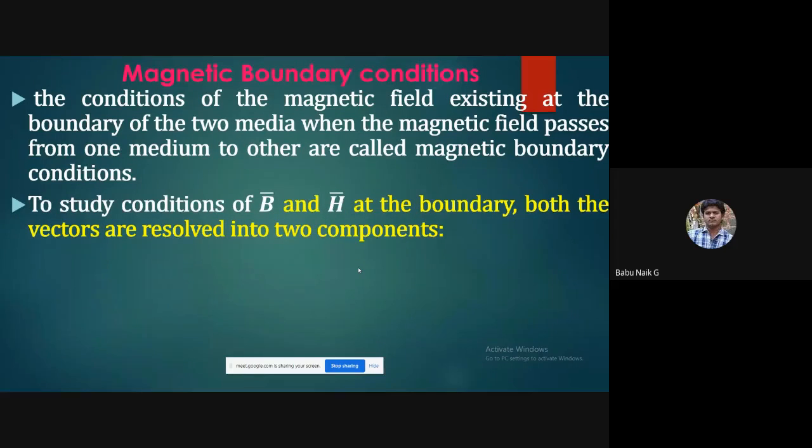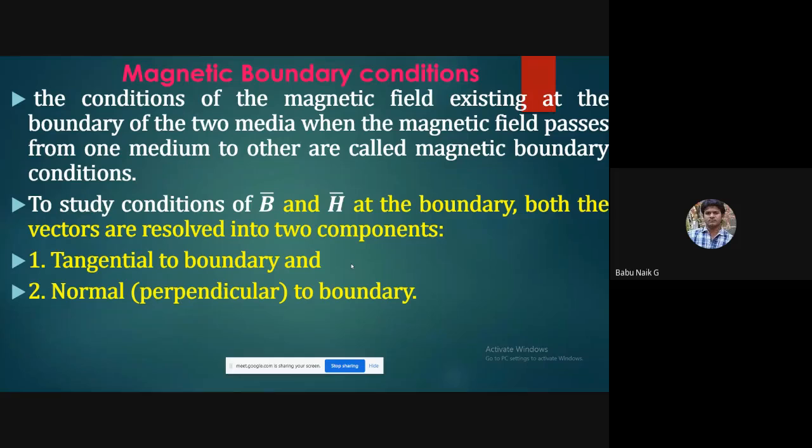So we calculate the magnetic field intensity and the magnetic flux density on the boundary condition line. For this, we take both vectors and divide each into two components: one tangential to the boundary condition line, and the other normal to it. Normal is nothing but the perpendicular to the boundary condition line.